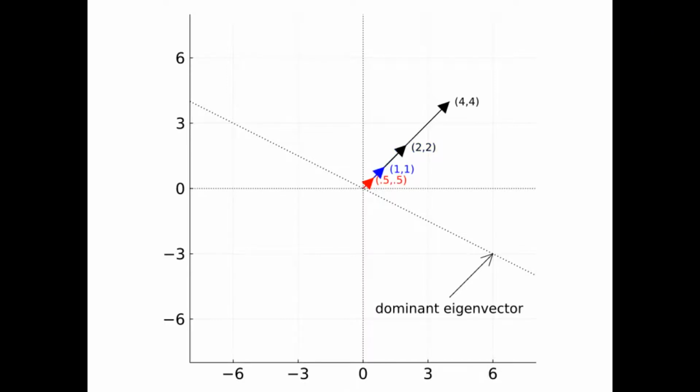So if you feed the matrix a vector which is exactly on the line of one of its other eigenvectors, that turns out to be the only case in which it is not going to be drawn like a magnet to the dominant eigenvector. But what if we change this just a little bit? Look at this 4, 4 here. I'm going to scooch it over just to there, 4.1, 4.